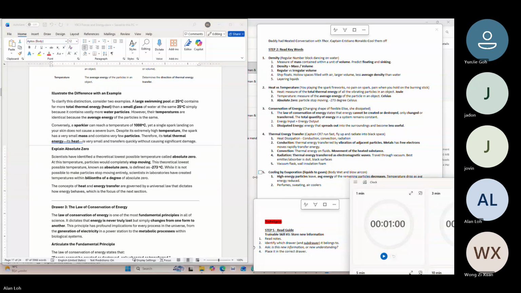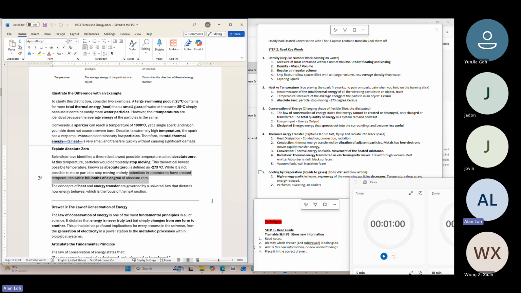Okay, I don't think you have any new information. Maybe a bit more of a new understanding to help you understand it more. This part here says that they have created temperatures within billionths of a degree of absolute zero. What does it mean?